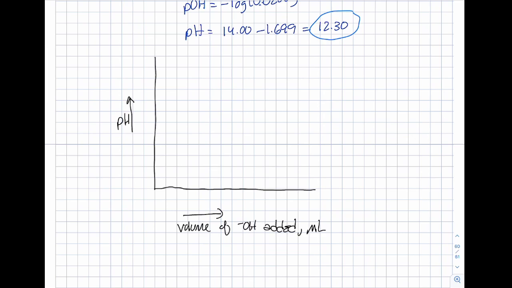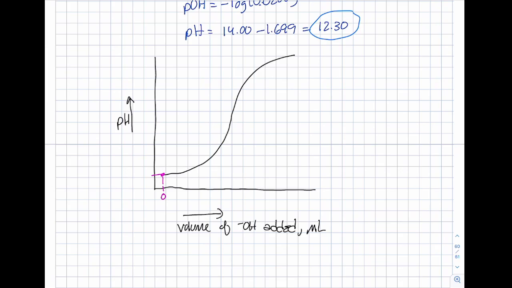And then my pH titration curve, that's kind of ugly. It increases kind of gradually and then more sharply and then kind of levels off again. So our points that we talked about, right? Our first one here was initial. So that's when we had 0 milliliters.